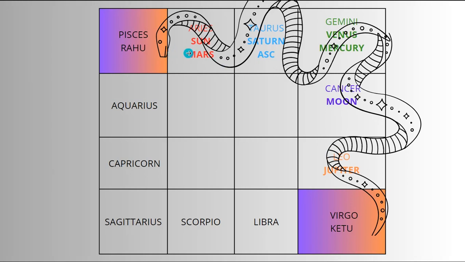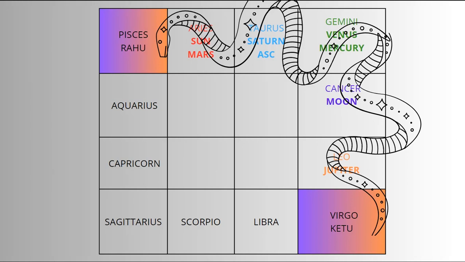So in this scenario, if you're looking at someone's chart who's got all the planets within the belly of the serpent, you can say that this person's life has been a turmoil. They've seen a lot of instability in life, frequent ups and downs, and they're going to see some major delays in life, especially in important events like marriage or having children or achieving career success.